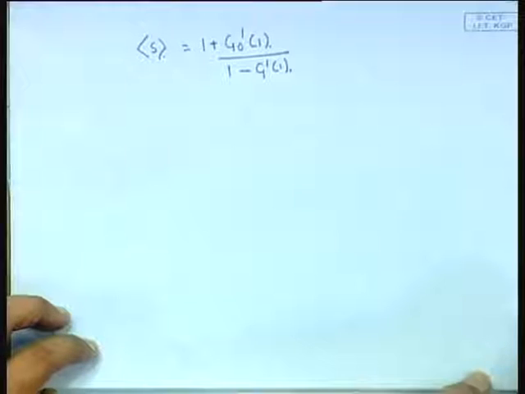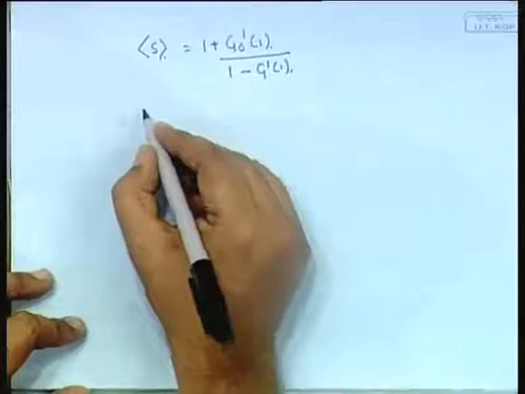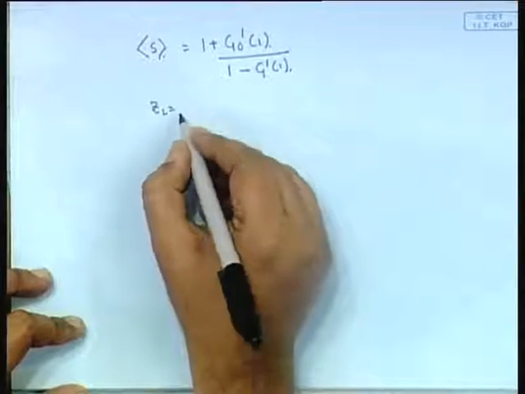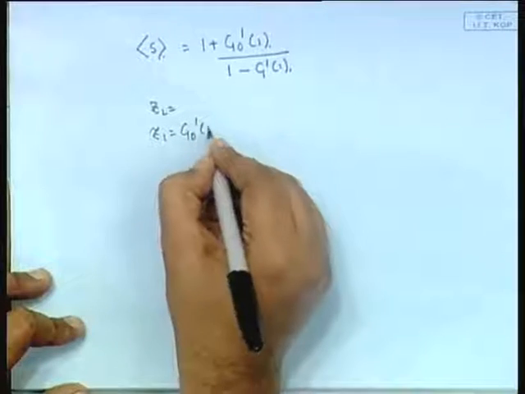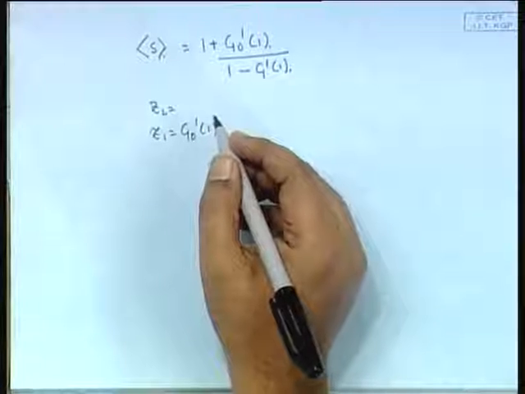Okay. So, we know what Z 2 is. Z 1 is G 1 dash 1. Okay. Z 2 is, tell me what is Z 2.